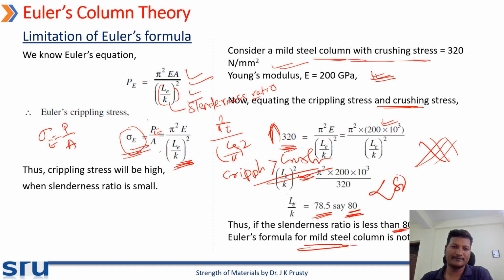That is the limitation of Euler's formula. It is only applicable for very long columns.